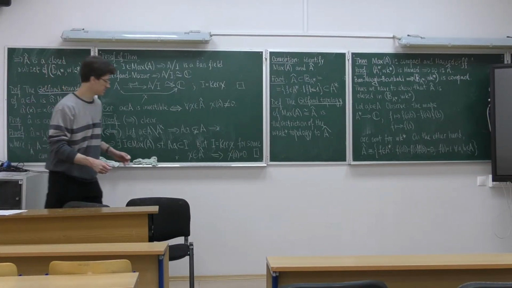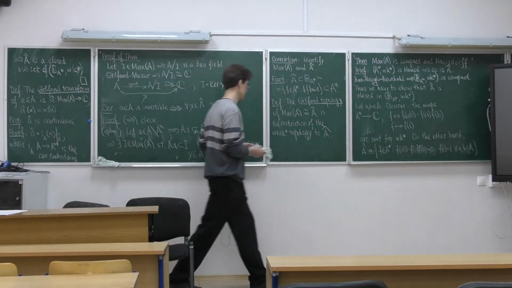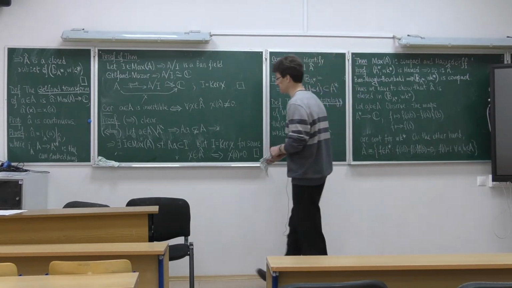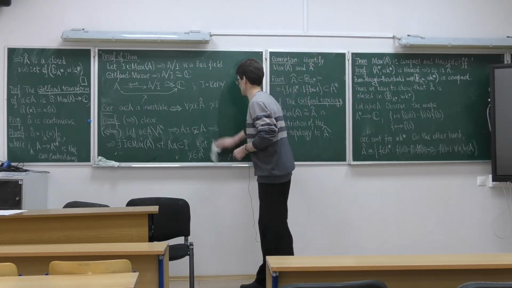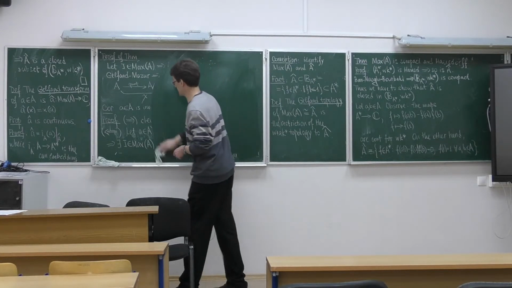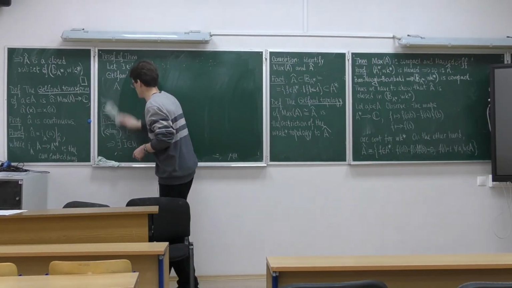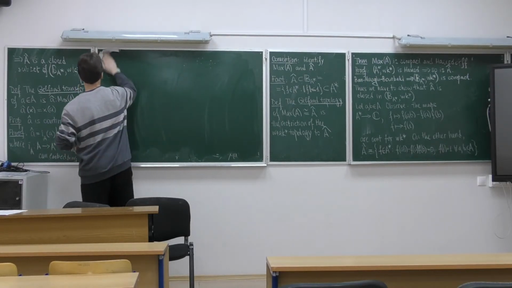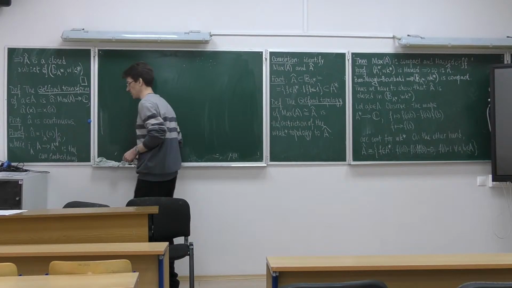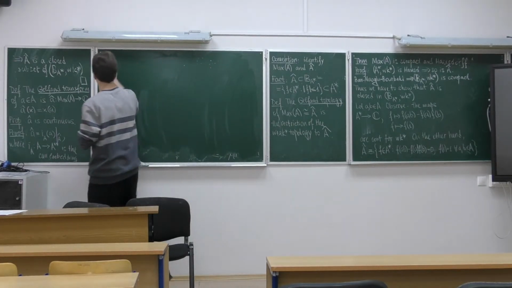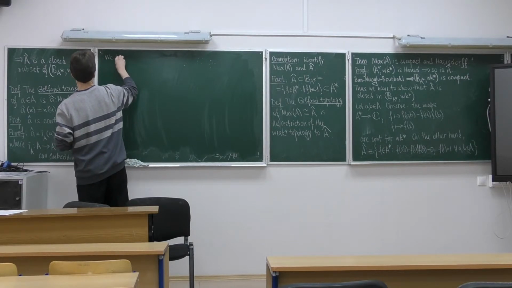And let's now recall from probably the previous lecture, that the image of this canonical embedding consists exactly of those linear functionals on A star which are weakly star continuous. The image of I consists exactly of weakly star continuous linear functionals on A star.